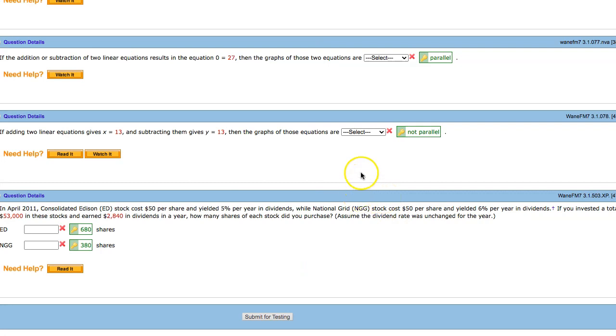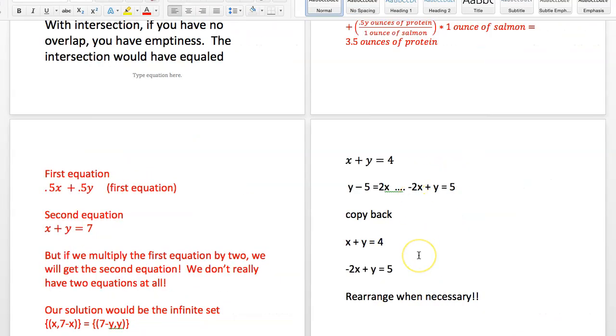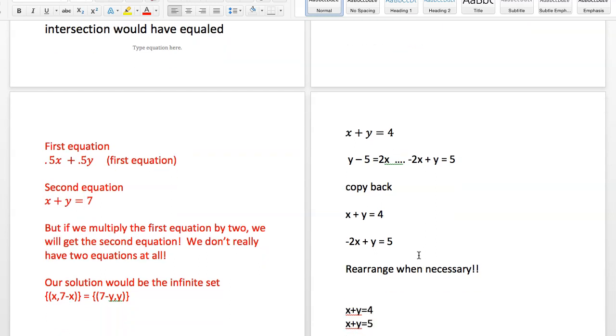Now I'll move along down the highway, and one thing I told you last time. If you have two equations, like x plus y equals 4 and x plus y equals 5, you'll have no solution, right?